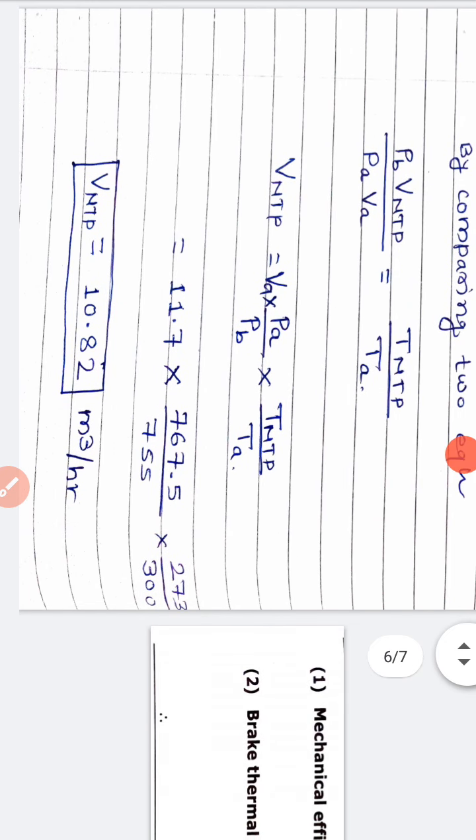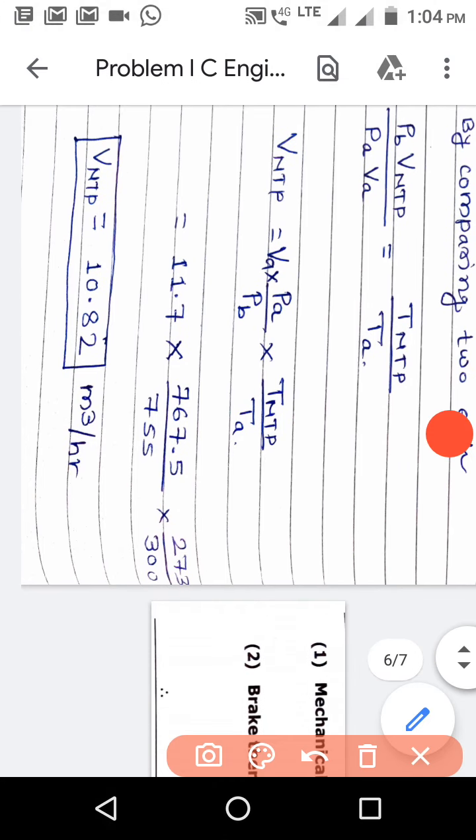So we got the absolute pressure. VA is 11.7, that is given in the problem: the actual volume of gas used at real condition is 11.7 meter cube per hour.